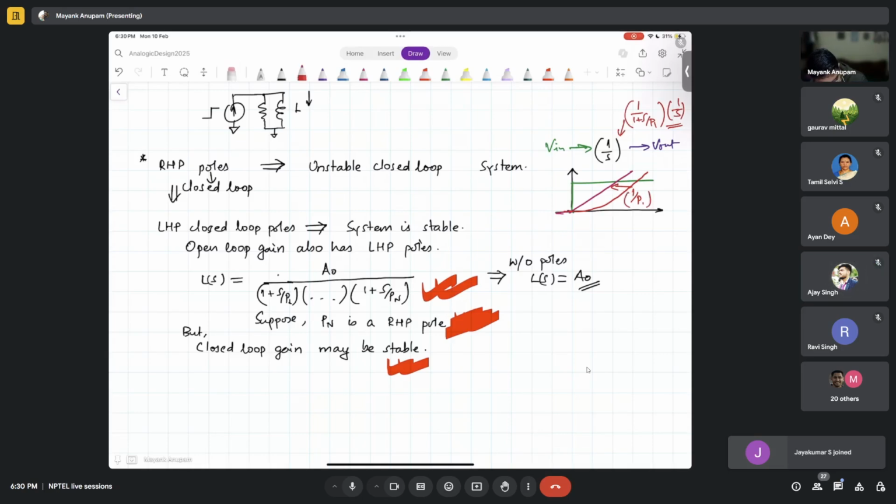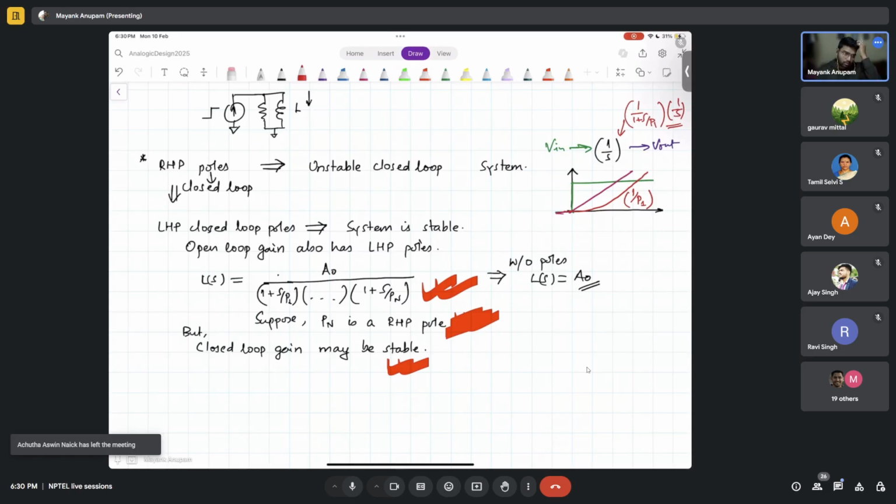Now if you keep increasing p1, what will happen? The delay will reduce, right? It will keep coming closer and closer, which means what? The system is moving towards the ideal condition, right? Is that point clear?